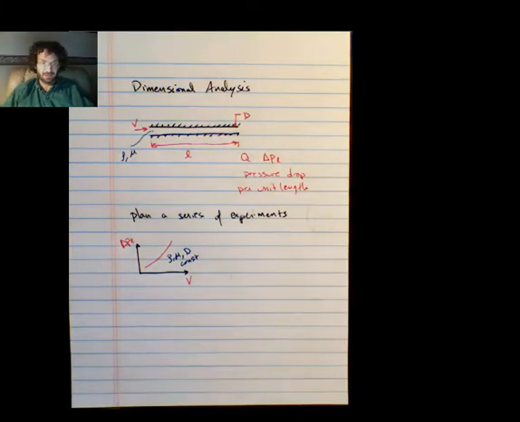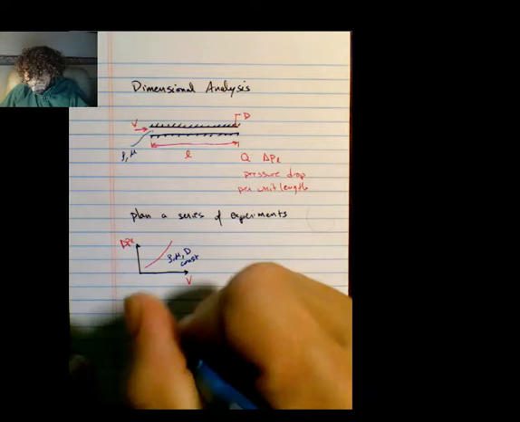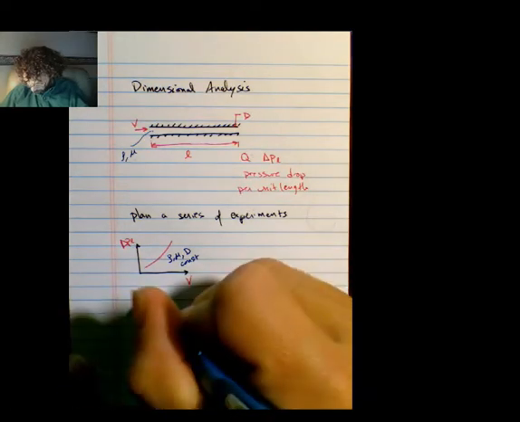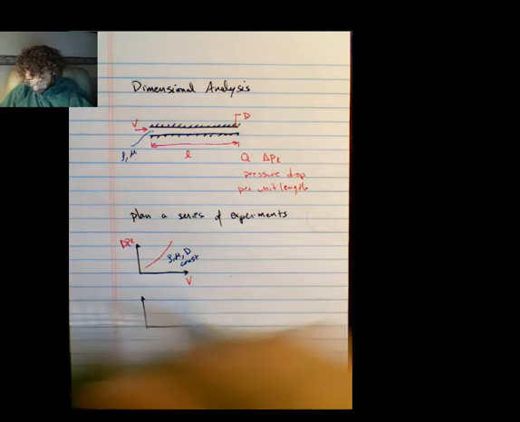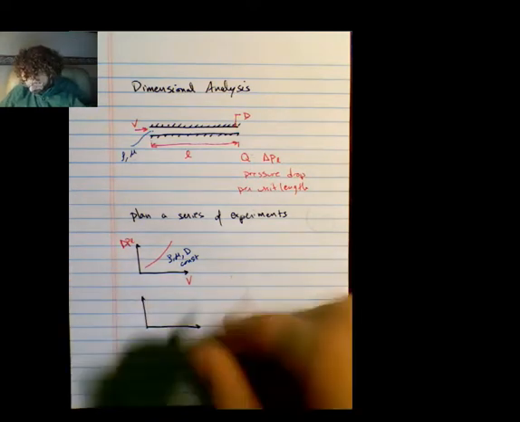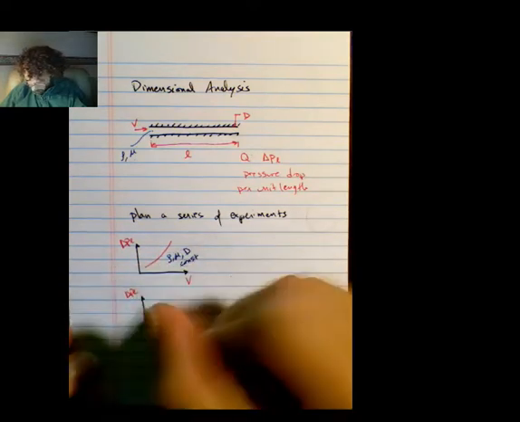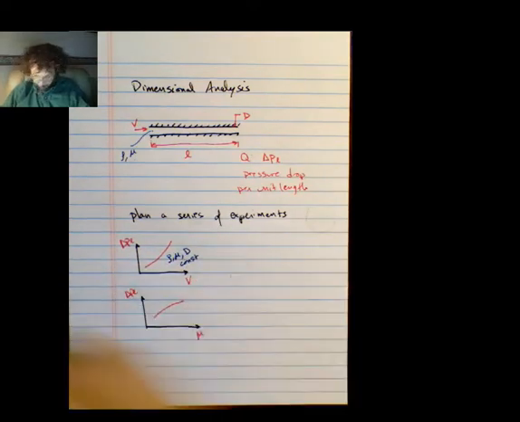But that doesn't tell us anything about how this would depend on viscosity. And so maybe we would plan a second set of experiments where we would vary viscosity, and we'd measure this delta P sub L, and we'd expect that to go upward also, more viscous, harder to push fluid through the pipe.